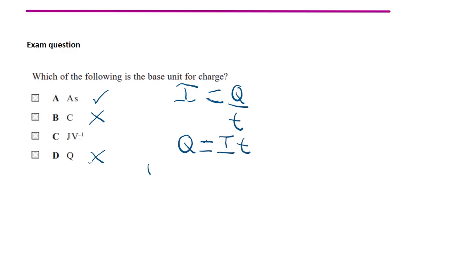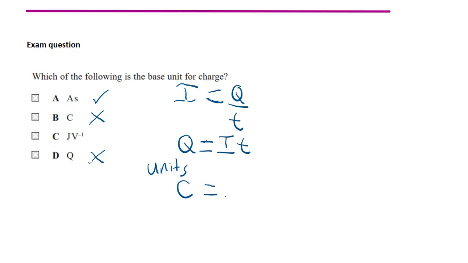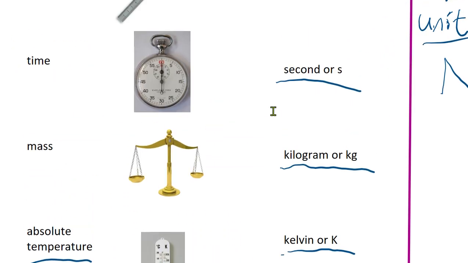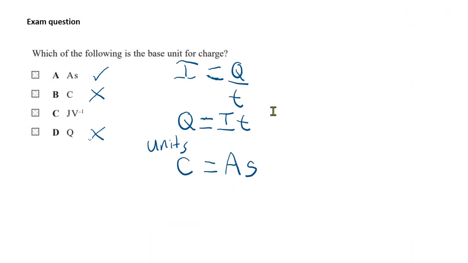So if I now put in the units, now the units for Q, which you don't really need to know to solve this, but they are the Coulomb, must be equivalent to the unit for current, which is the ampere, multiplied by the unit for time, which is the second. And they are both base units. Remember, we have the ampere there and we have the second there. So that is why A is the correct answer.